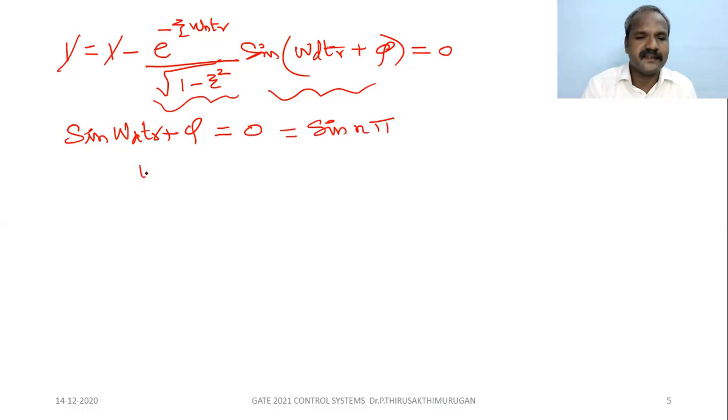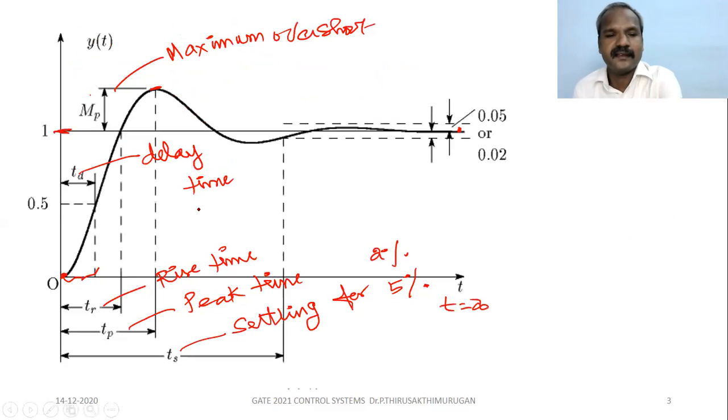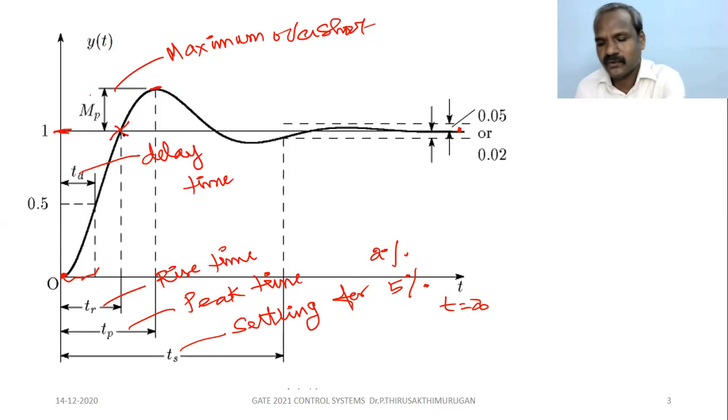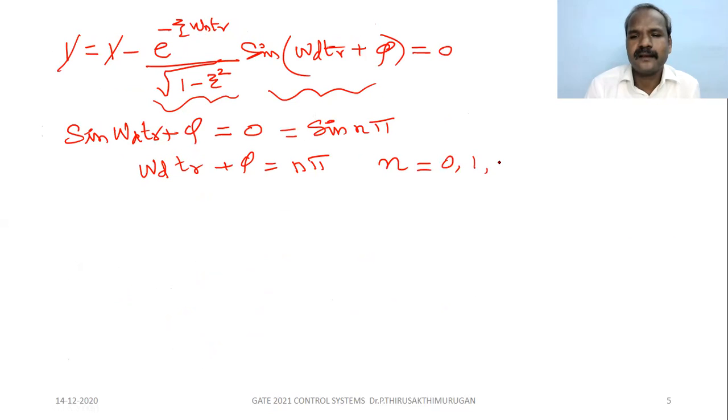So sine of omega d TR plus phi equals n pi. Actually this is the rise time from 0 to 100% of the steady state value during the first attempt. So we can take the n value equal to 1. The n value can be 0, 1, 2, 3, etc.